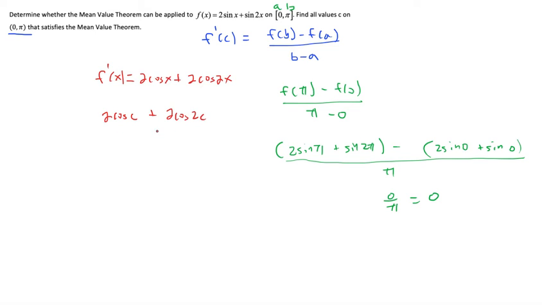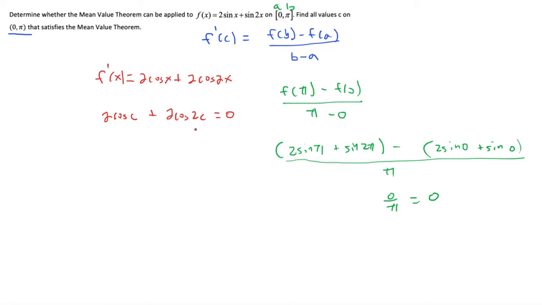And what do we want to do with this? We want to set it equal to the rate of change that we just found, which is 0. We want to find the values of c such that 2 cosine of c plus 2 cosine of 2c is equal to 0. Well, how are we going to solve something like this? The problem is it's cosine of c, which is fine, but we have a cosine of 2c.